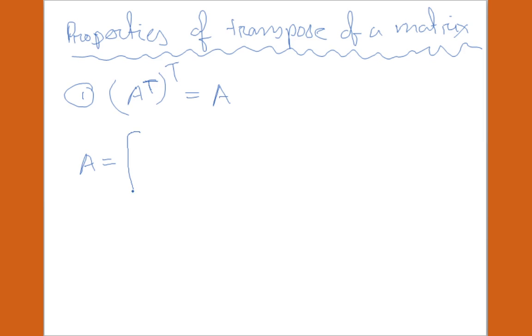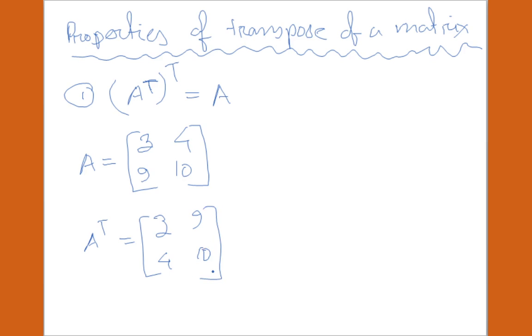Suppose A is a matrix 3 4 9 10. Okay, make its transpose, A transpose. So row becomes column, column becomes row. Next, again transpose this matrix.